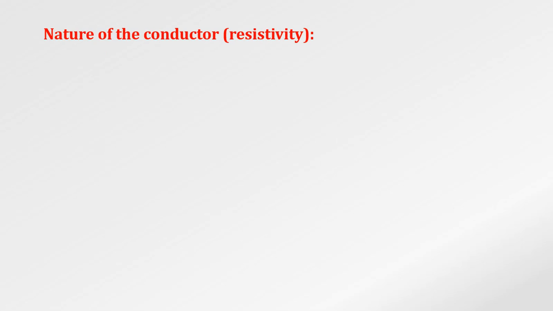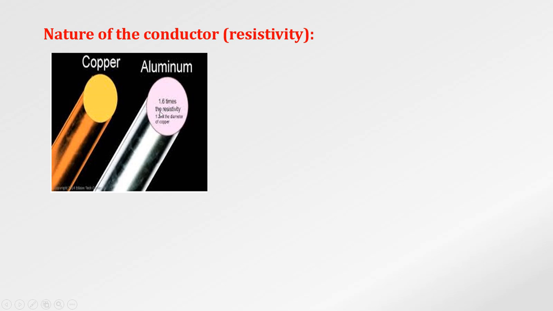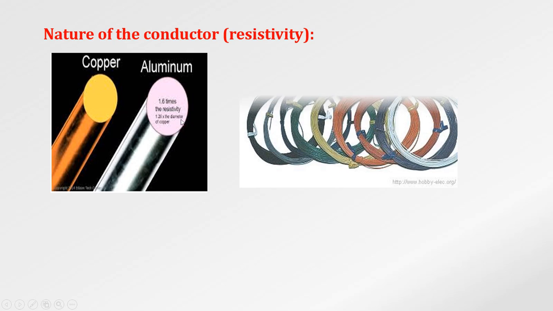And the last factor which I'm going to tell you is the nature of the conductor, or we call it resistivity in physics. Of course, by nature, there are wires of different material. We have a wire of copper and then a wire of aluminium. Okay, we have here these wires which are made of different what?